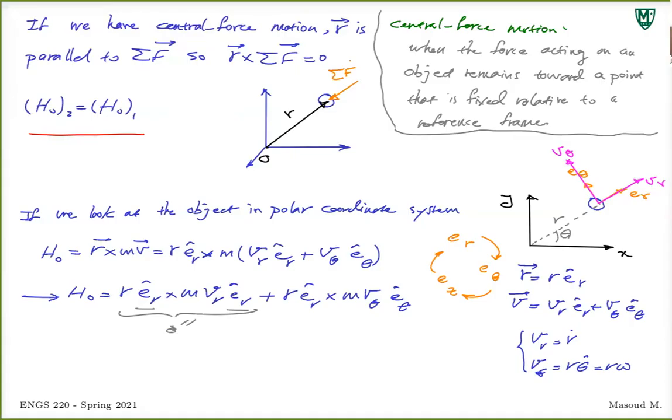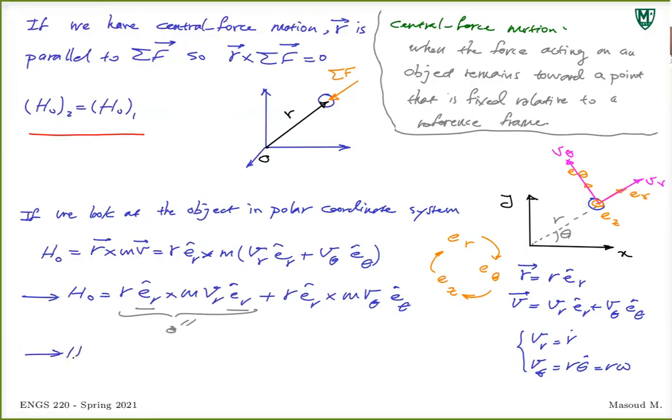Going from ER to E theta shows the direction of EZ. So in this case, EZ is coming out of the screen. Now ER cross E theta will follow the arrow. ER cross E theta would be EZ.